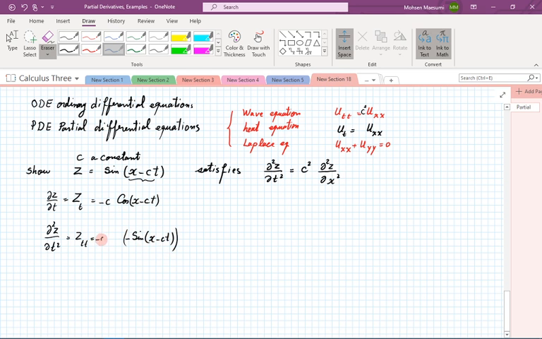I had a minus c before here, and the derivative of this expression with respect to time a second time around is another minus c. So I have three minuses, and overall it becomes minus c squared sine of x minus ct.